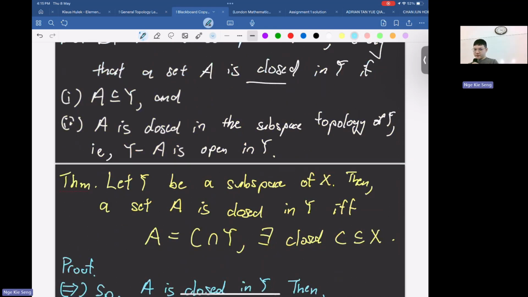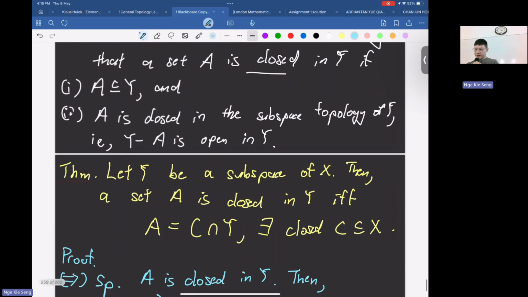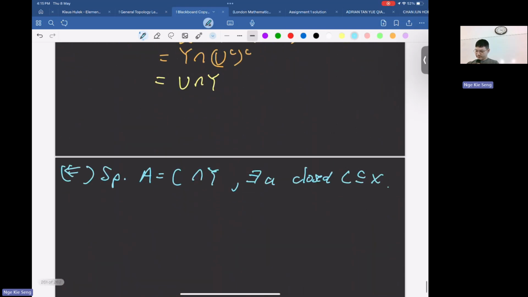Subset is quite obvious. Is it obvious? It's obvious, right? Because it's an intersection. Okay, then we need to show the other one. So first, we see that A is a subset of Y. Pretty obvious, because it's an intersection with Y.